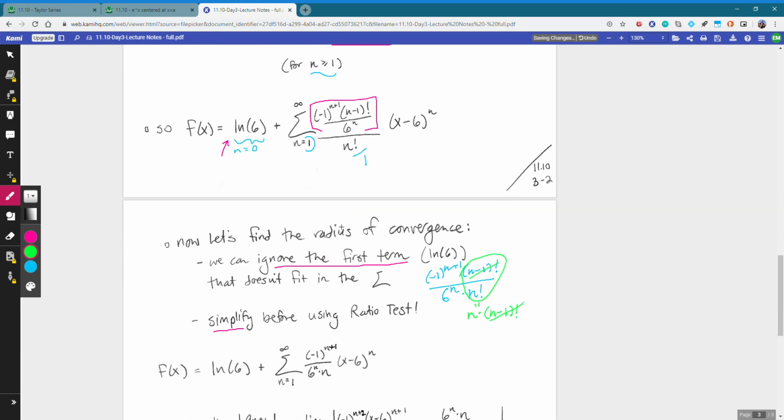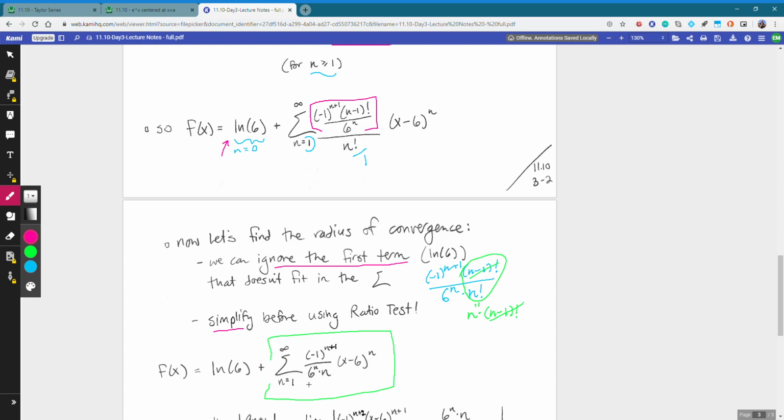And so here's what we get when we've done that simplification. It's this summation that we're going to use to help us with the ratio test.